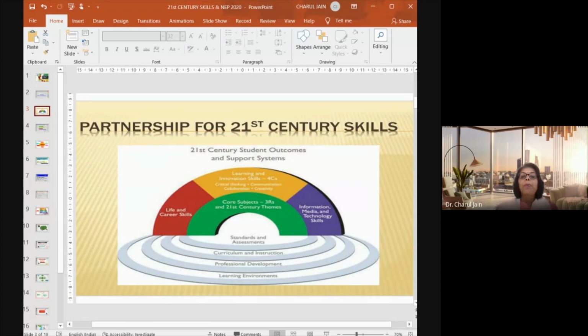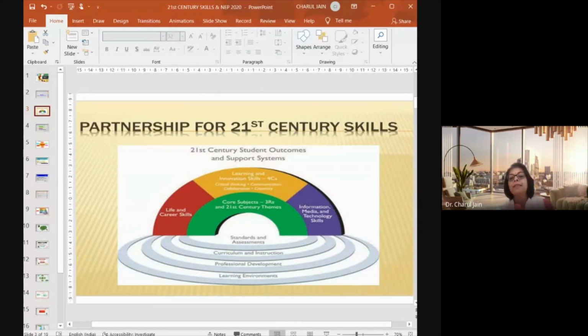And they put up this parameter that there will be a change in the requirements of the kinds of skills that people would need to survive and to succeed in the 21st century. They created this kind of a diagram, which is very popular these days. And the core, the center, is the green.